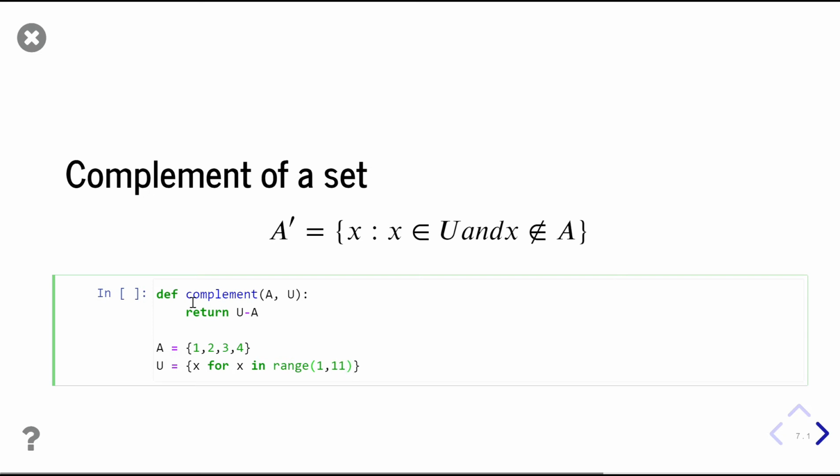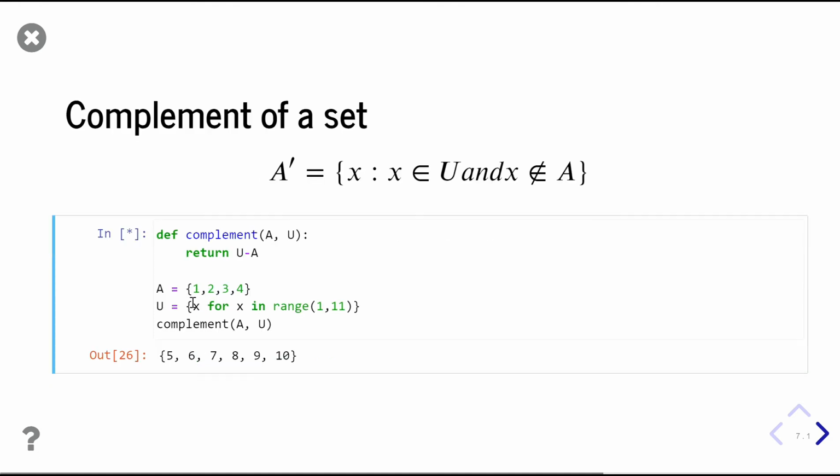So U is a set of elements from 1 to 10. Then we can find complement(A, U), and if we print the result, it gives this result. A complement is 5, 6, 7, 8, 9 and 10.